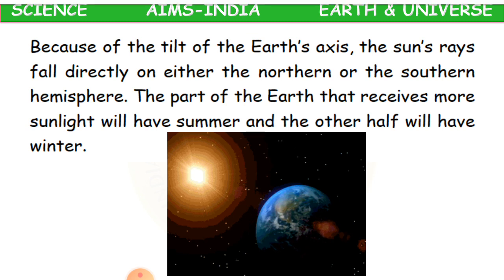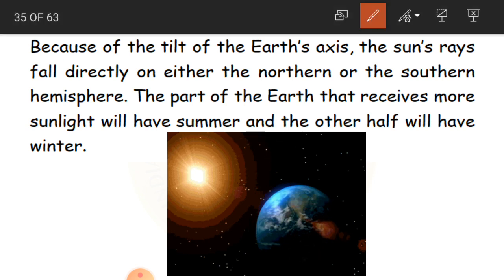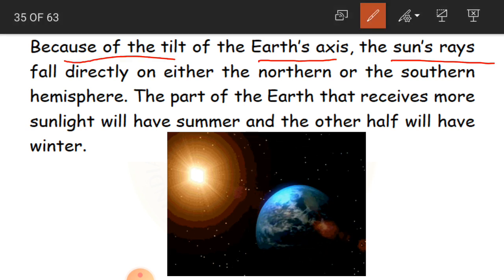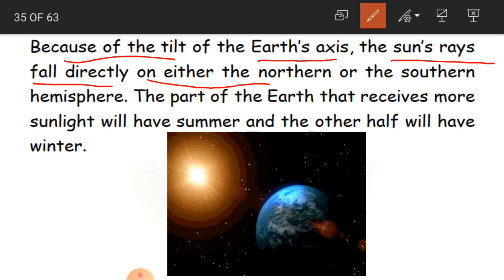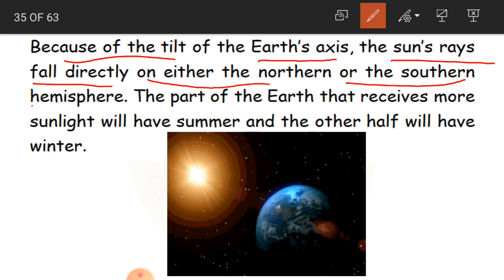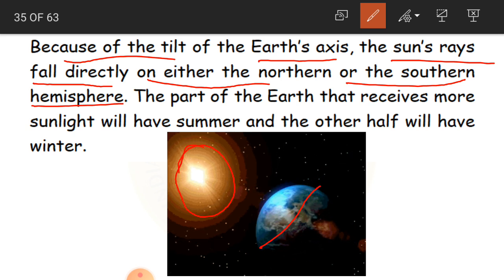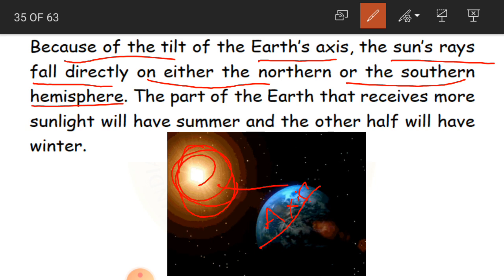And because of the tilt of the earth's axis, the sun rays directly fall on either the northern or the southern hemisphere. So what happens? Because of the tilt of the earth's axis, children, this is the earth's axis. Okay, so the sun rays here are going to fall directly on either the northern or the southern hemisphere.